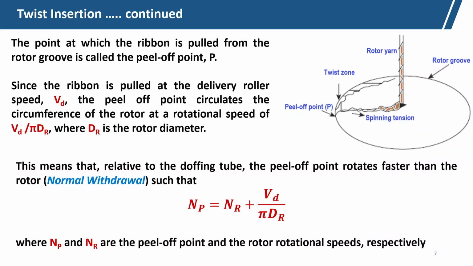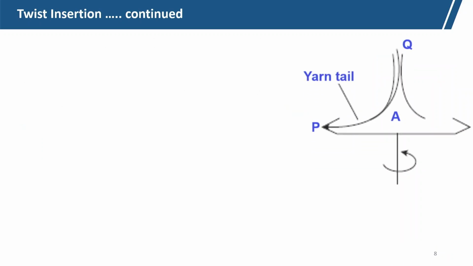N P and N R are the peel off point and rotor rotational speeds respectively. Now, this is the yarn tail, as we have seen.